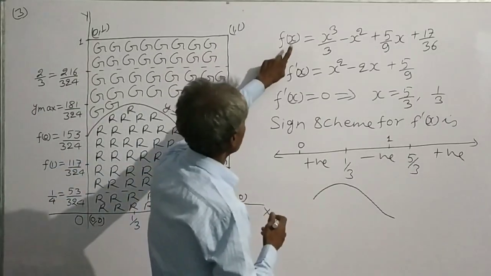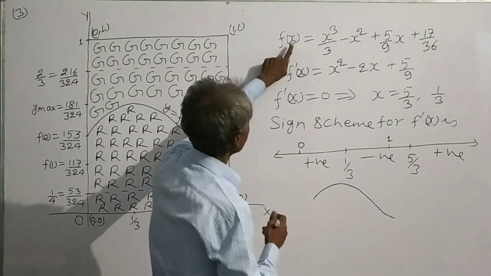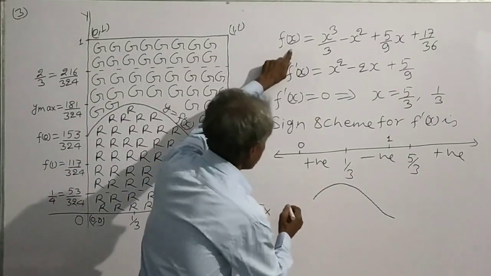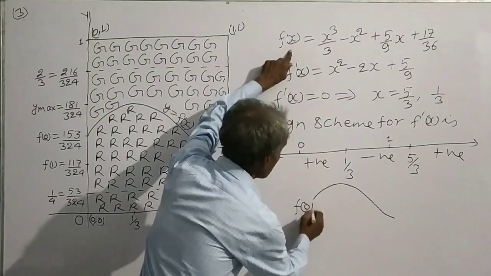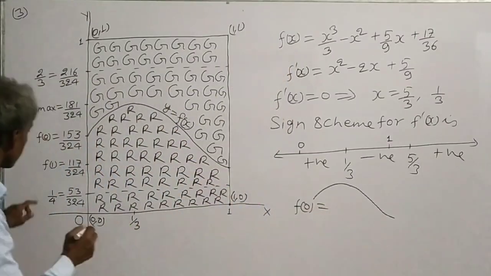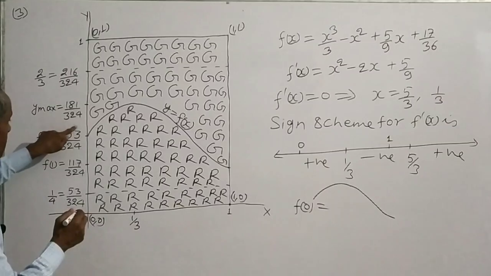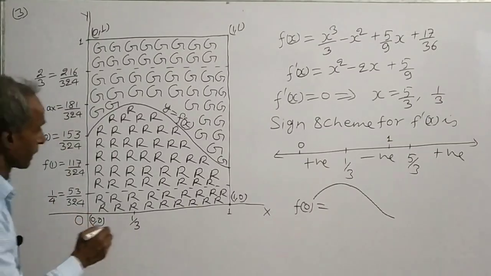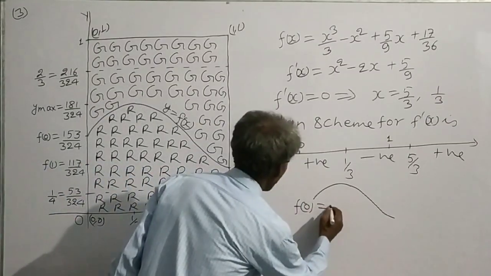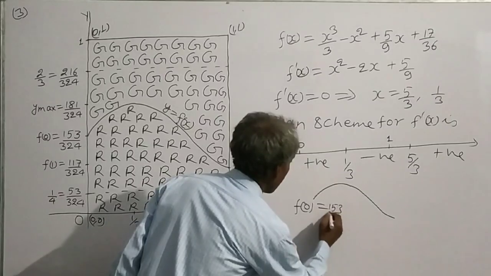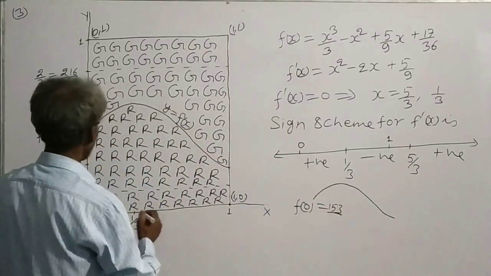When we put 0 in place of x, then we get f(0) = 153/324.